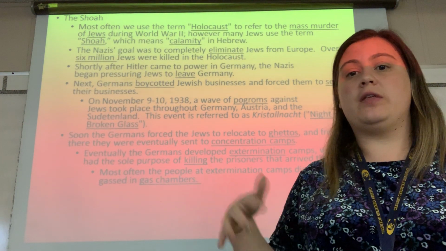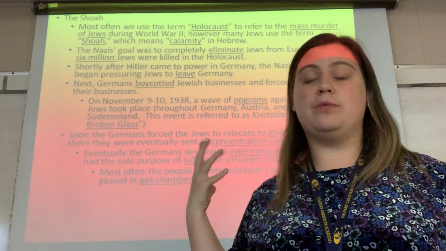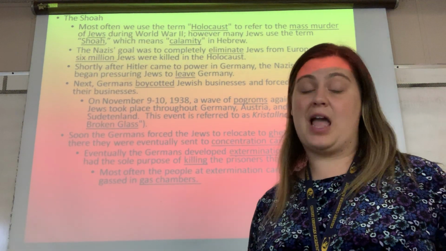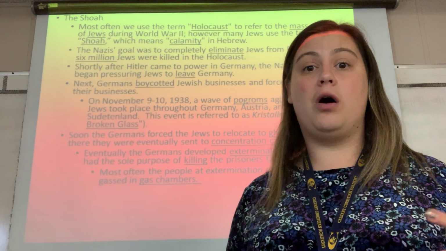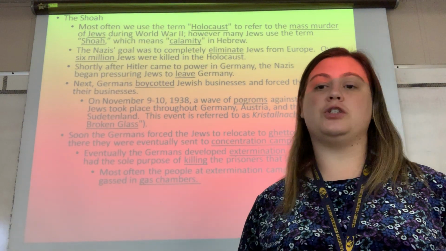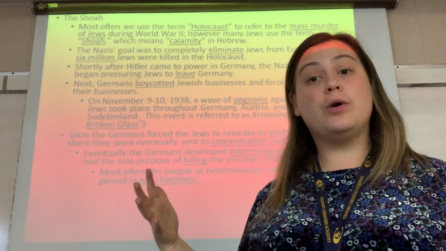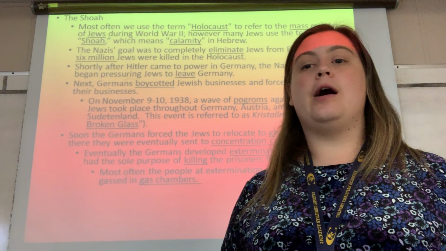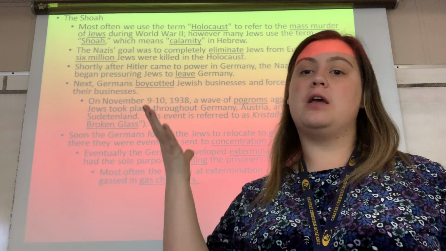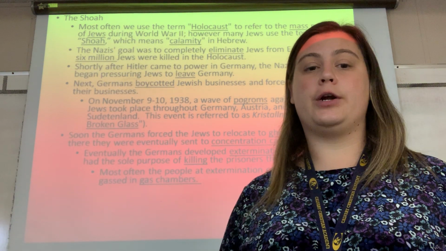If they looked relatively young and healthy, they might be kept at the camp to be used for different work purposes. If they were children, elderly, or looked sickly at all, they would be sent immediately to the gas chambers under the guise that they were getting showers, but really they were going into a big room that looked like a big shower room, and gas came out of the faucets, not water.